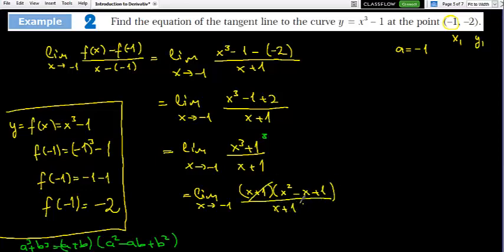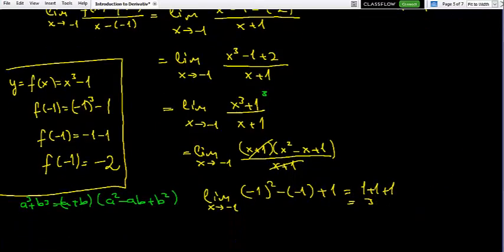When you simplify x plus 1 with x plus 1, you have this expression, and the limit as x tends to minus 1 of x squared minus x plus 1 is equal to 1 plus 1 plus 1, which is equal to 3. So at the point, m is equal to 3.